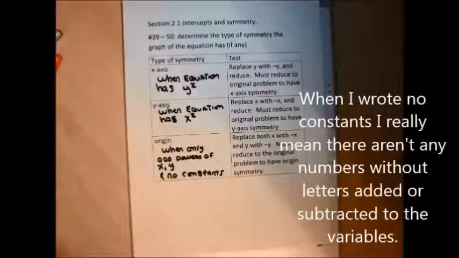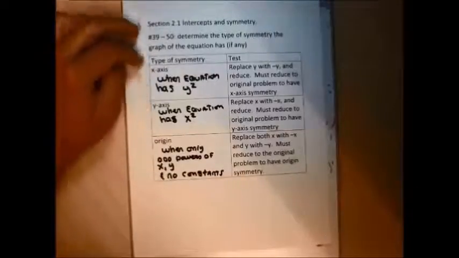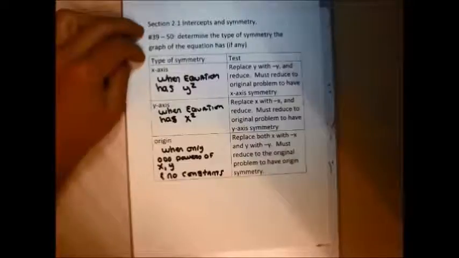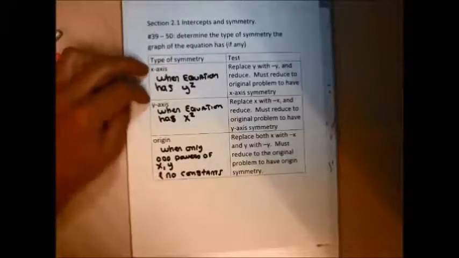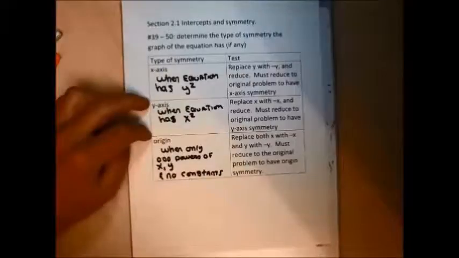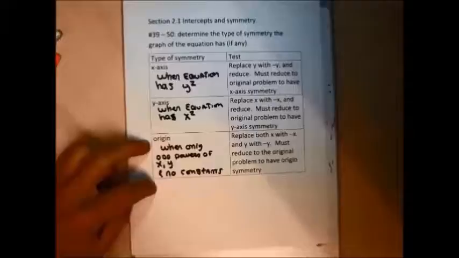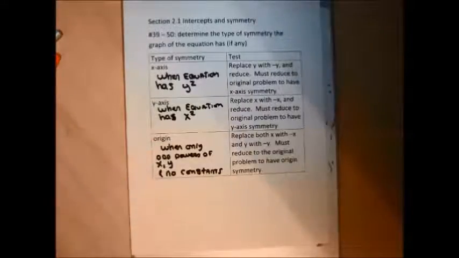But as you go through the section, you might want to have these in your mind. If I see an equation and I'm asked what type of symmetry does the graph have, if an equation has a y squared, I think it has x-axis symmetry. If an equation has x squared, I think it has y-axis symmetry. And if it has like an x to the first and a y to the third, or an x to the third and a y to the fifth, only odd powers of x and y, and no numbers other than the x's and y's, it usually has origin symmetry.